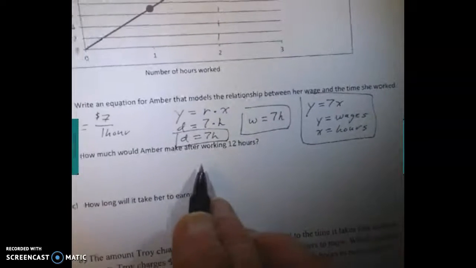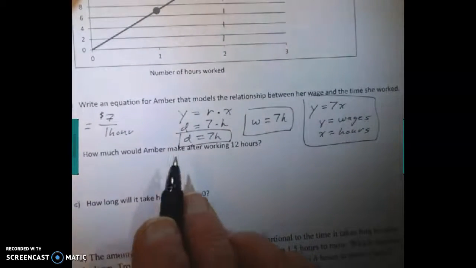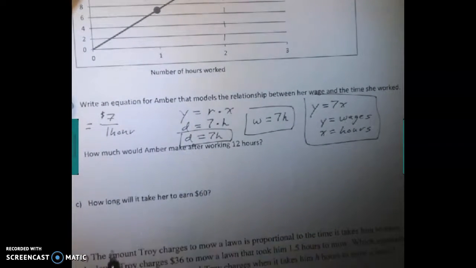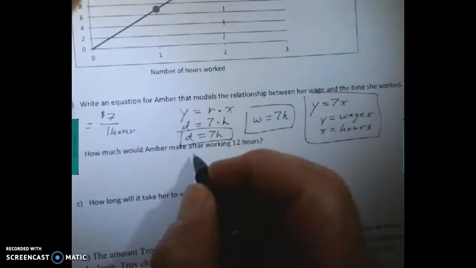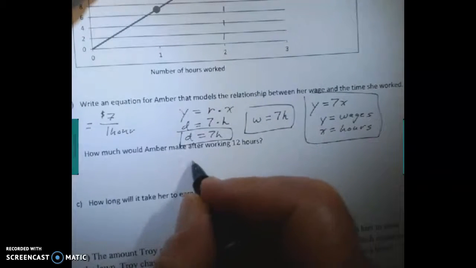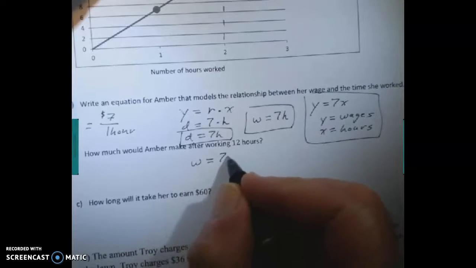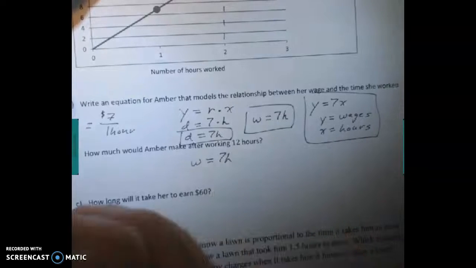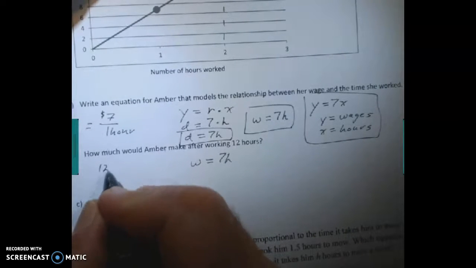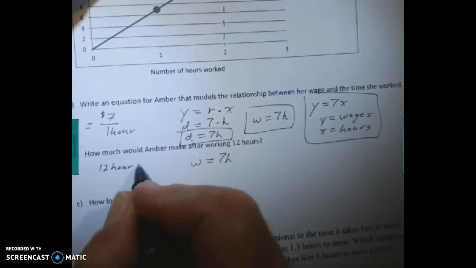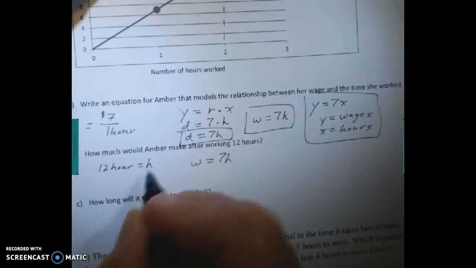Now use your equation to solve these problems. How much would she make for working 12 hours? Again, start with your equation. I'm going to go ahead and go with W equals 7H. 12 hours, that is our H value.